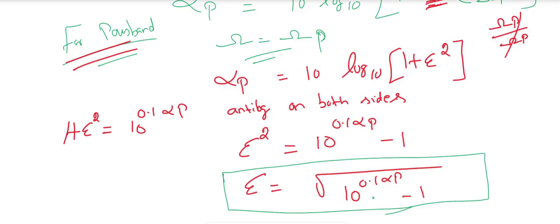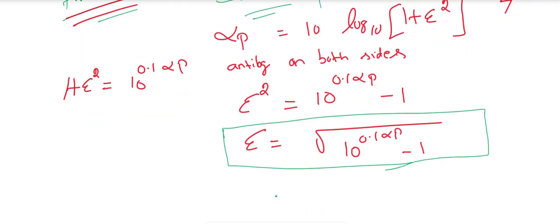Okay. Similarly, understand? Take antilog on both sides, so you will get epsilon. Similarly, you take for stop band, the attenuation in dB. Stop band is attenuation.